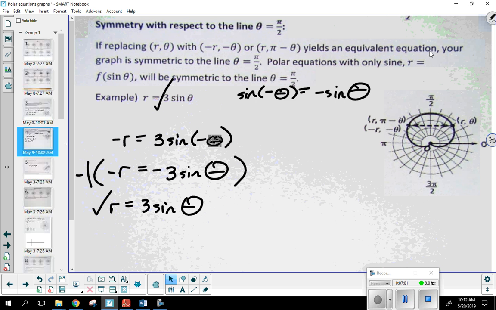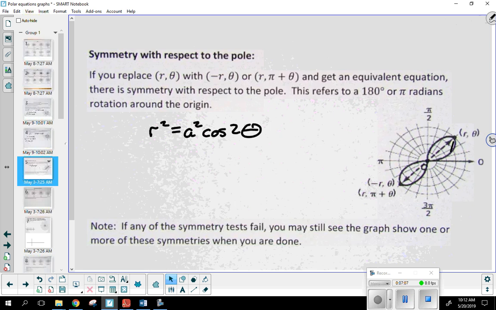Okay, well, there's only one type of symmetry left. We had symmetry with the polar axis, we had symmetry with theta equals pi over 2, and now we have symmetry with the pole. This is what we used to refer to as rotational symmetry. If I had a graph and I could rotate it 180 degrees and end up with the same graph, I knew it was symmetric about the origin. Here we're doing the same thing just with the pole.